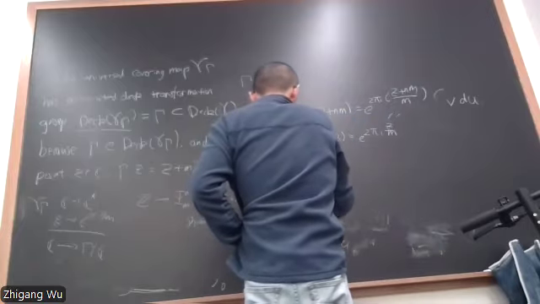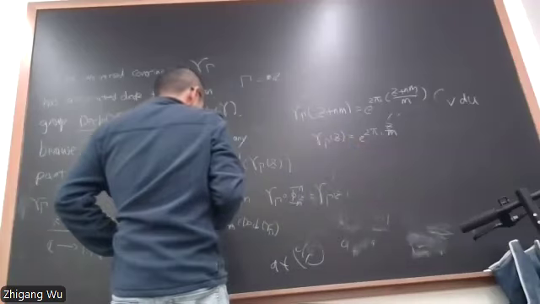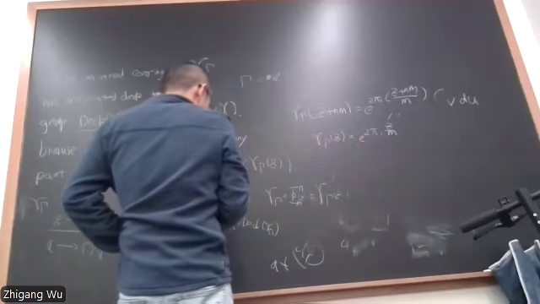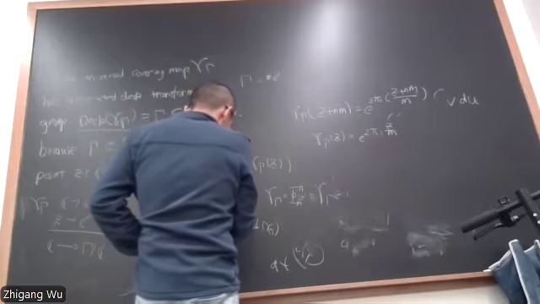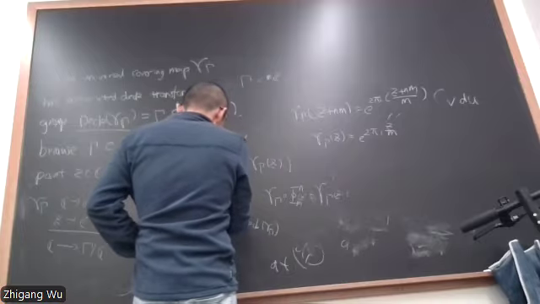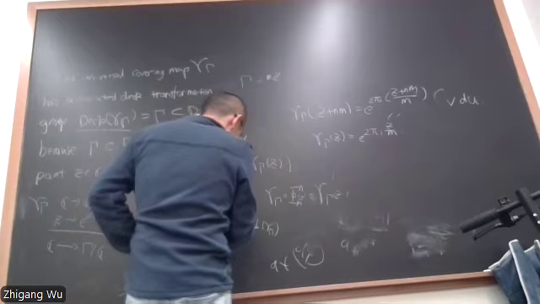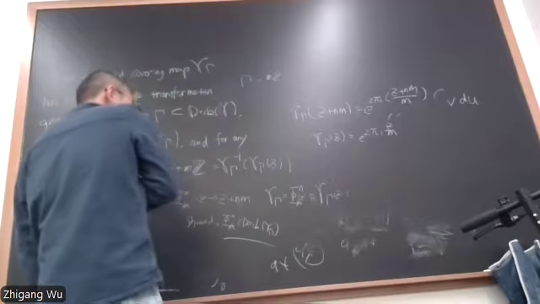Because z is arbitrary, therefore these are equal. Now we show that it is a homomorphism. So that shows that this is actually the deck transformation group of this map.